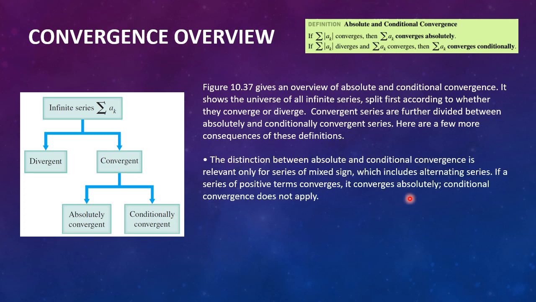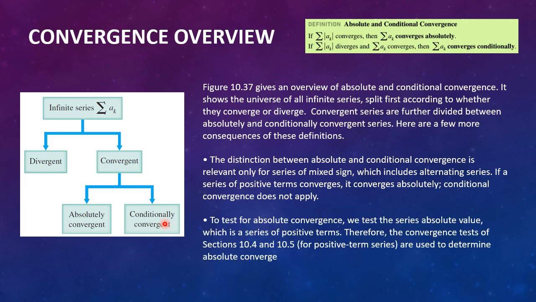The distinction between absolute and conditional convergence is relevant only for a series of mixed signs, which includes alternating series. If a series of positive terms converges, it converges absolutely. Conditional convergence does not apply.